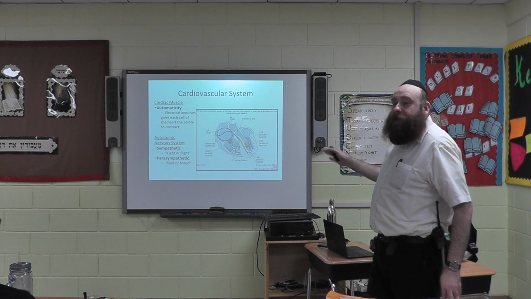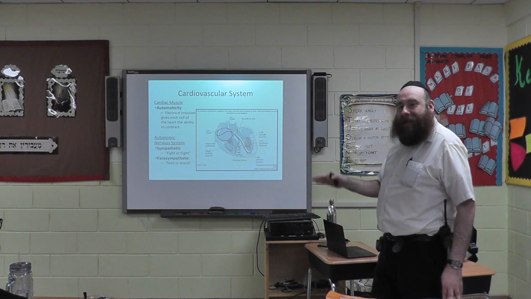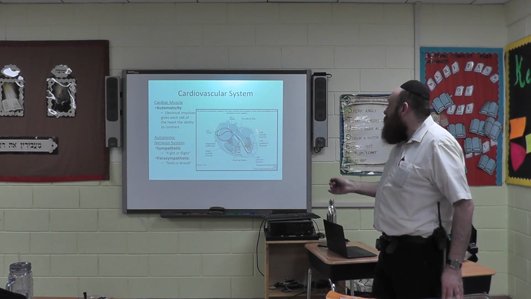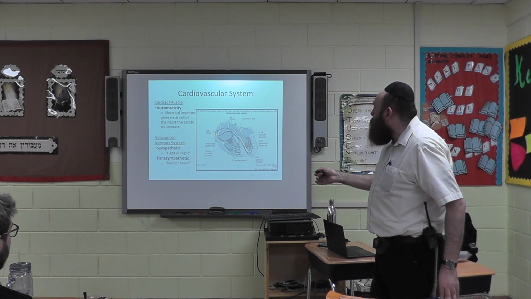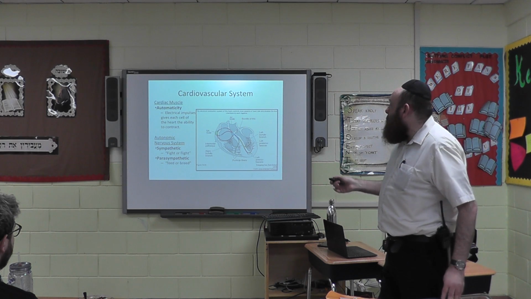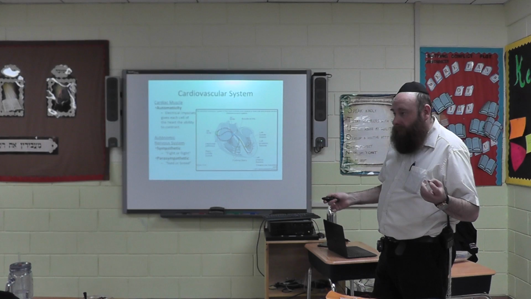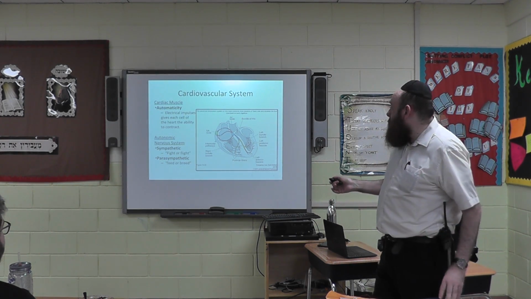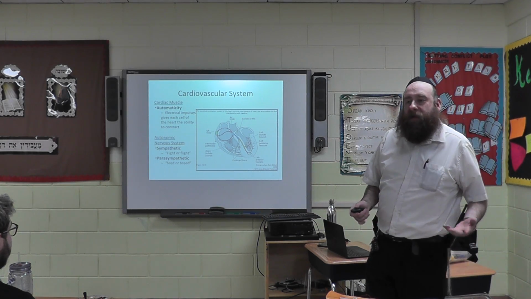All the stuff that we see on EKG, when you become a medic, you spend 6 to 8 months learning how to read EKGs. All you're seeing is what is going on between here and here, between here and here. At the end of the day, this will cause the atrium to squeeze and relax, and these will cause the ventricles to squeeze and relax.